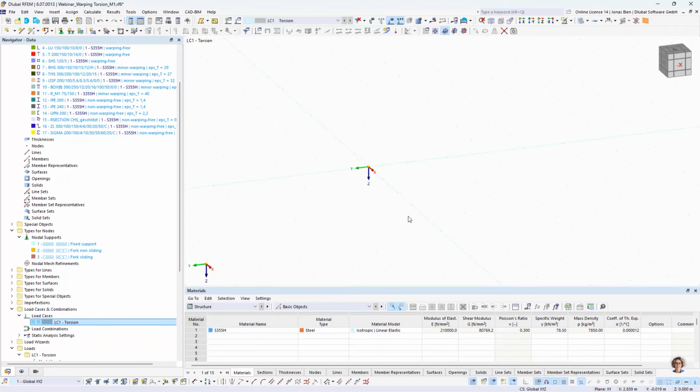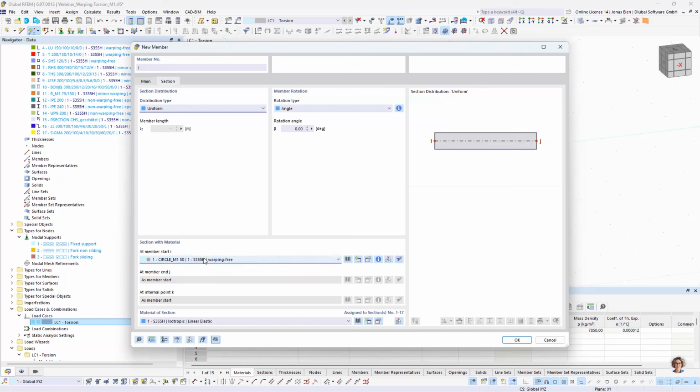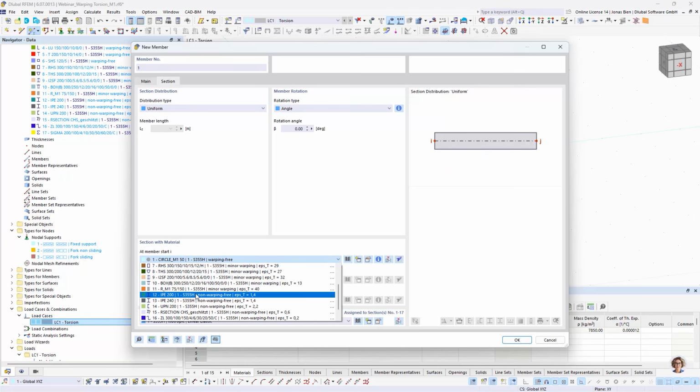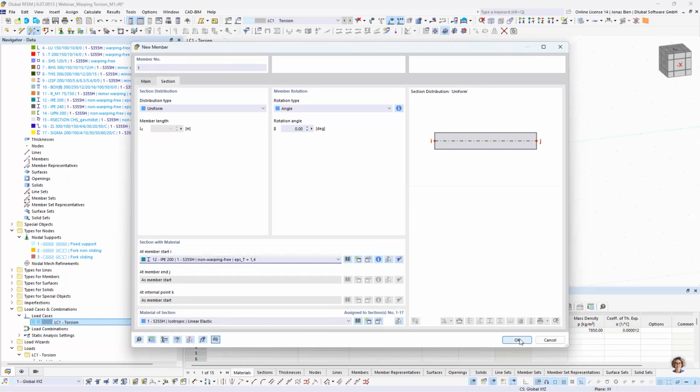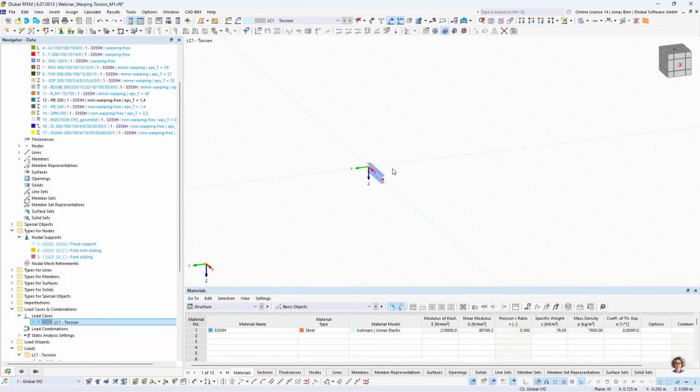So let's do so. I want to start with a very simple static system, and I want to model a cantilever beam with a non-warping-free section to see if we already can catch the influence of warping in this very simple case.